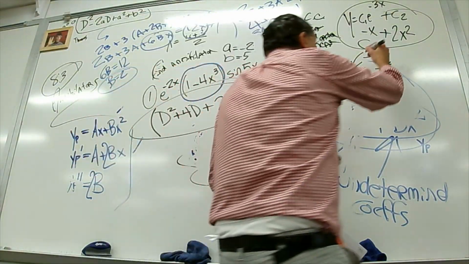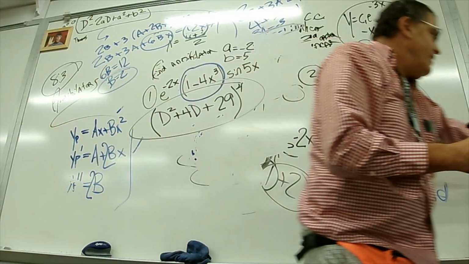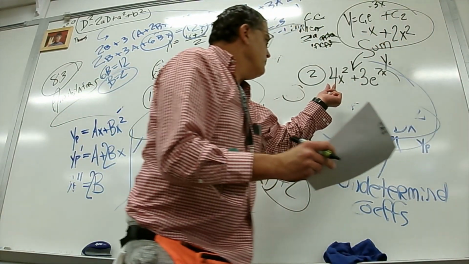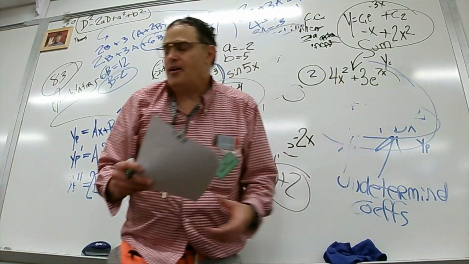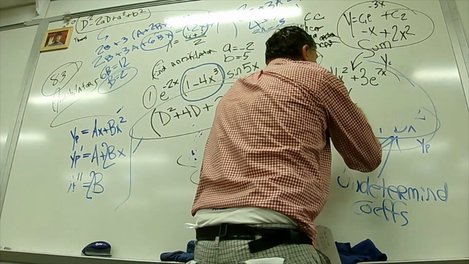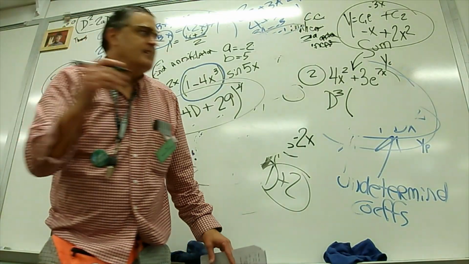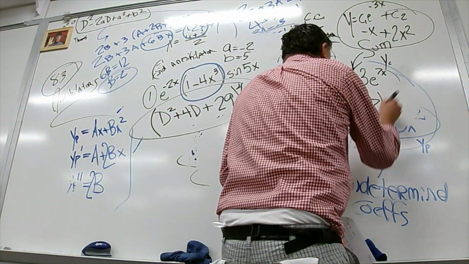It's a sum. So we are going to use this sum formula, and this is like two problems. What annihilates 4x squared? D cubed. Multiplied by what annihilates 3e to the 7x? D minus 7, done.